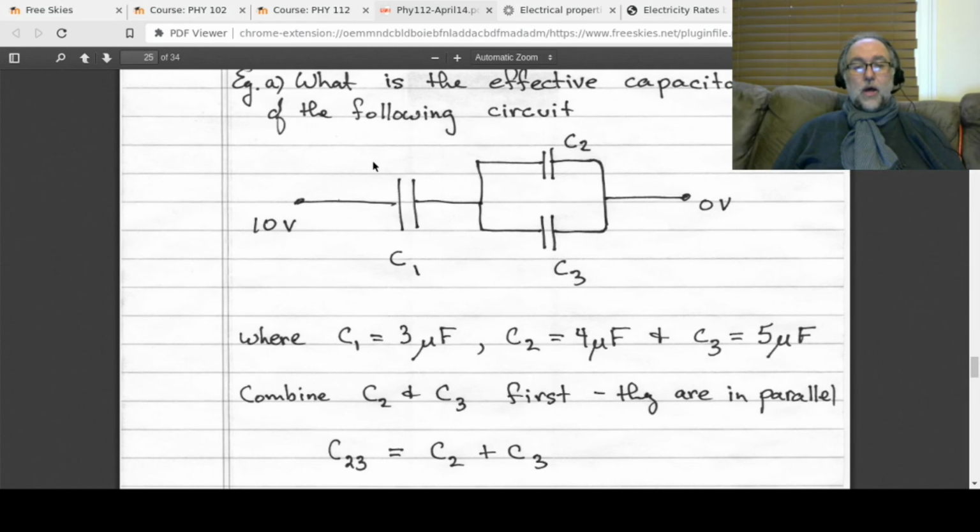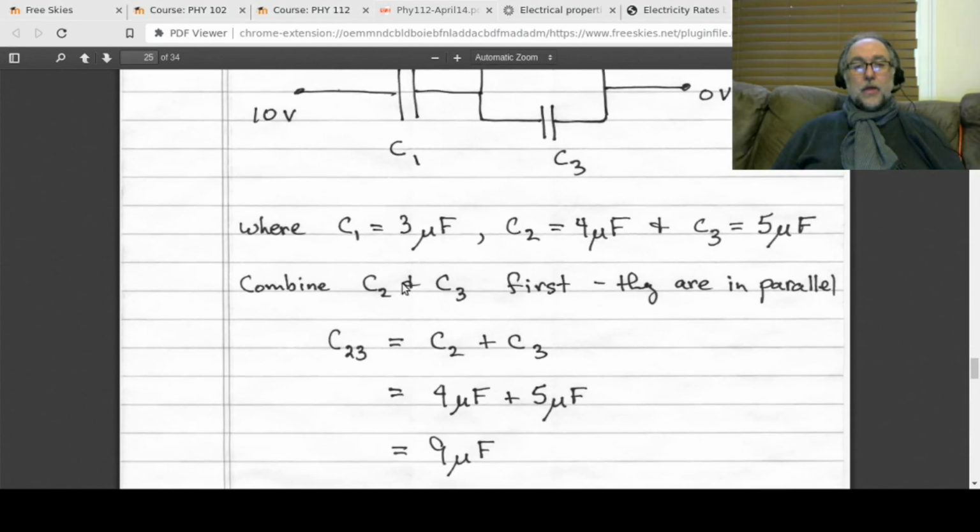When capacitors are in parallel, you add. So the effective capacitance of 2 and 3 is C2 plus C3. I made C2 4 microfarads and C3 5 microfarads. So 4 plus 5 is 9 microfarads.